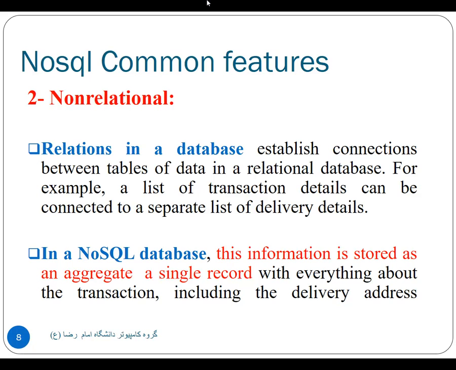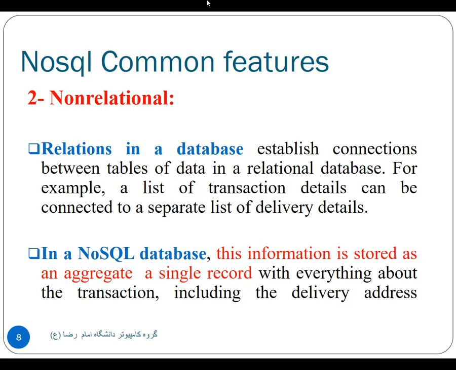The transactions are the things that the users have bought from the online store, and the delivery is the address for the delivery and the other details related to the delivery. So these are two different data, but they are related. We have relations between these two tables. That's what we have in a relational database.